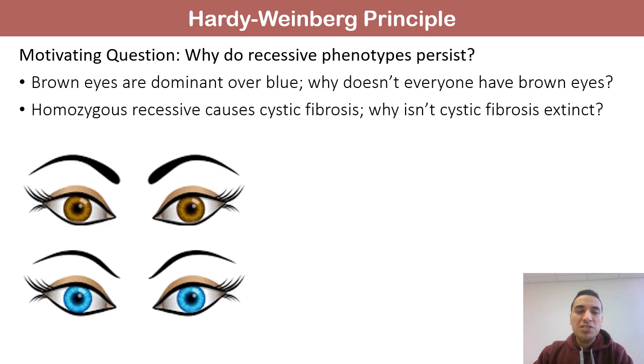Also, homozygous recessive is what causes cystic fibrosis. That's a disease, right? So why isn't cystic fibrosis extinct? After all, if you do not have both of those genes for cystic fibrosis, you would not get that. So eventually, shouldn't that go extinct?